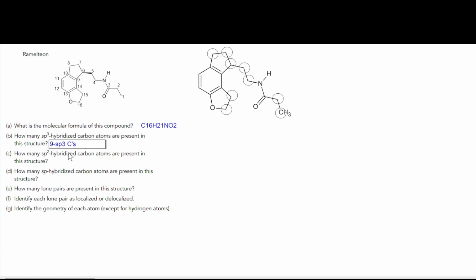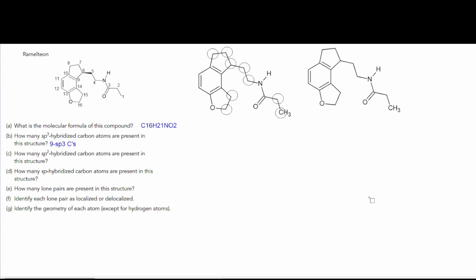Okay. Next question: how many sp2 hybridized carbons are present in this structure? I'll duplicate this structure, and now we have to determine the sp2 hybridized carbons. I will indicate them with a box. The sp2 hybridized carbons are the carbons which form a double bond in a structure.